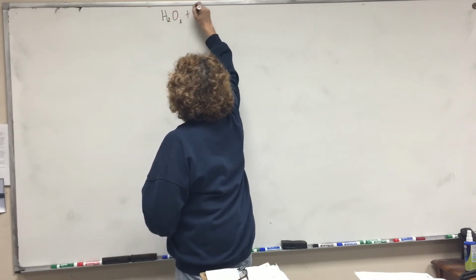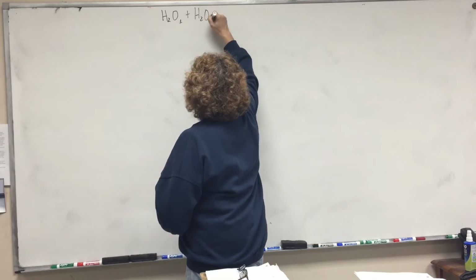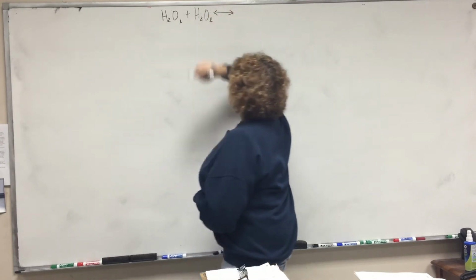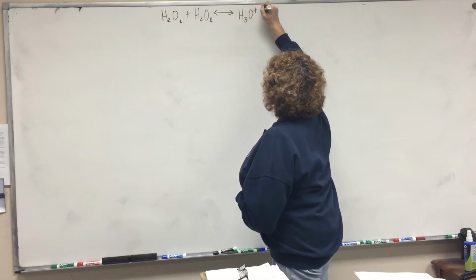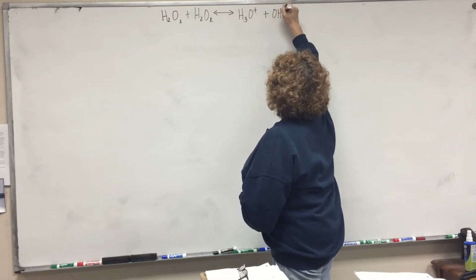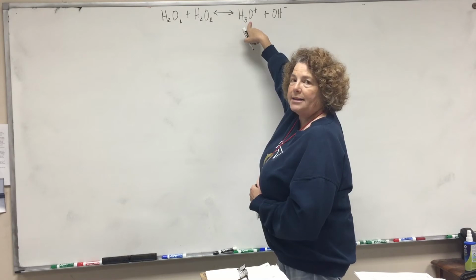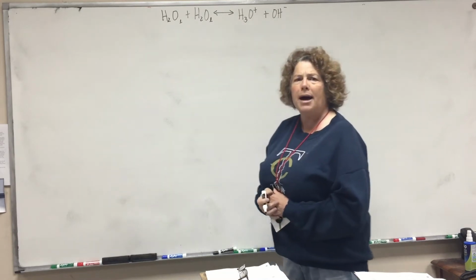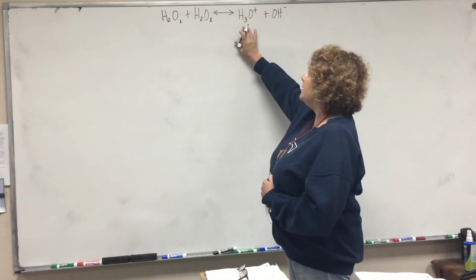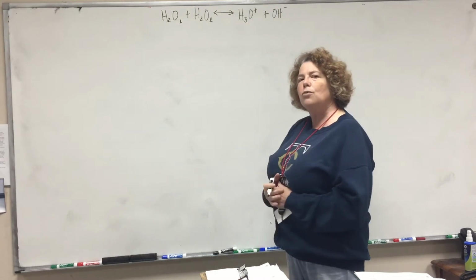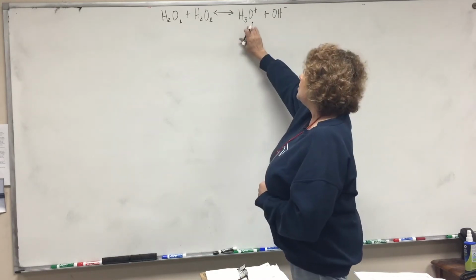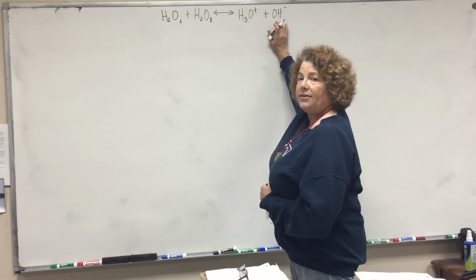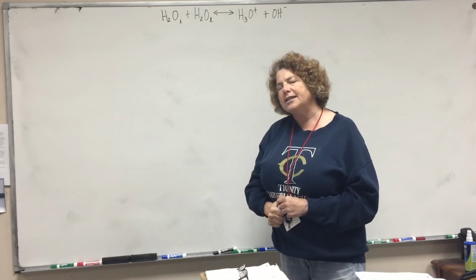I'm going to do two waters that are liquid, and they form an equilibrium and form hydronium, which is H3O positive, which a lot of times we just write as H positive, because that little extra proton attaches itself to a water molecule and forms the hydronium ion, H3O plus. And what's left is an OH minus ion, which is the hydroxide ion.